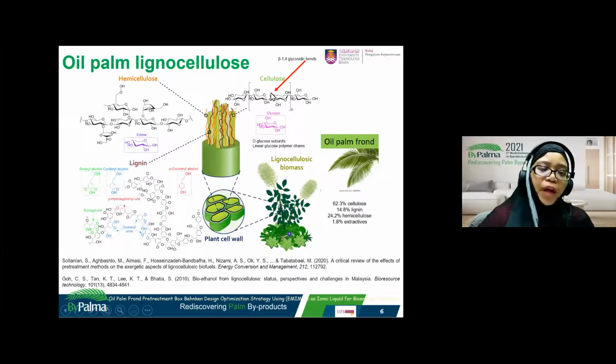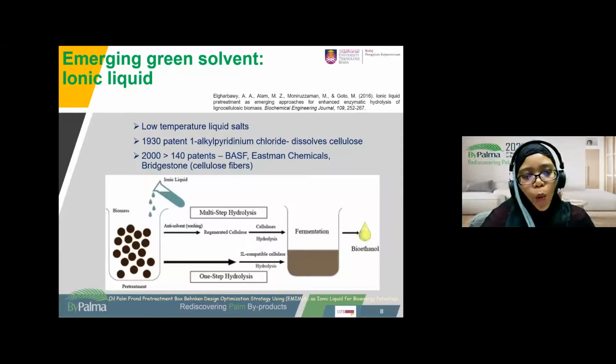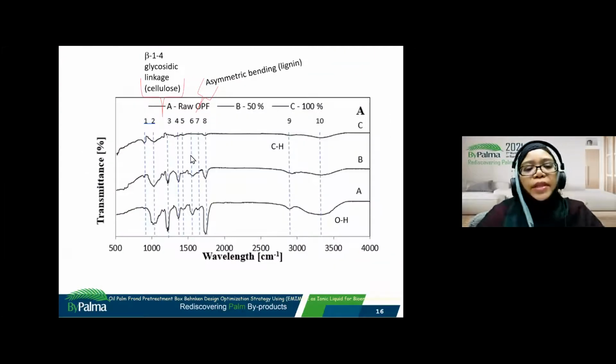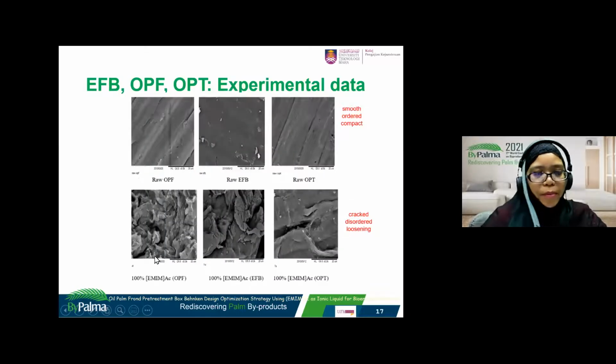So what happens there? From the FTIR, we could see that the stretching and vibration occurs, allowing a lower crystallinity index of the pretreated biomass. From the slide, you could see more clearly the beta-1,4 glycosidic linkage, which refers to the cellulose, as shown by the various wave numbers.